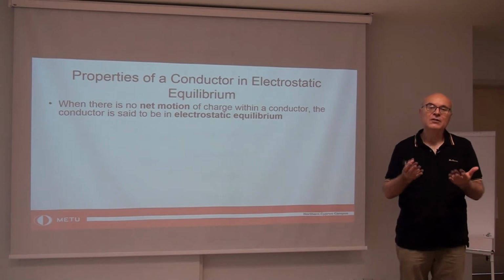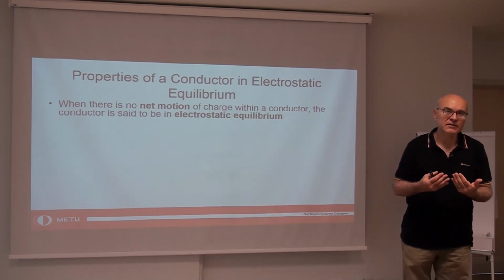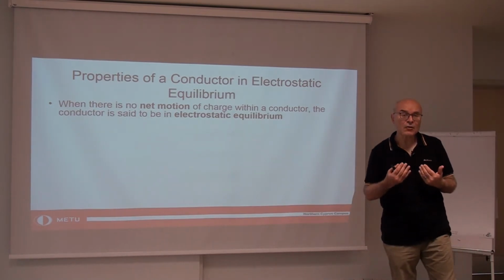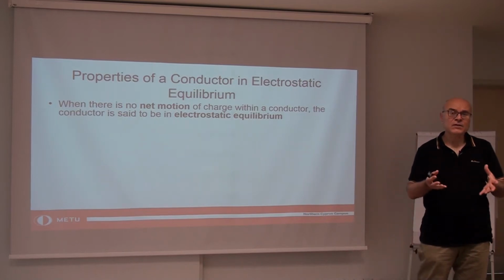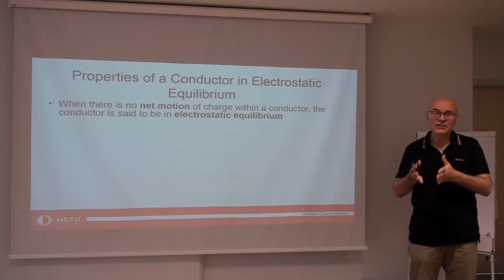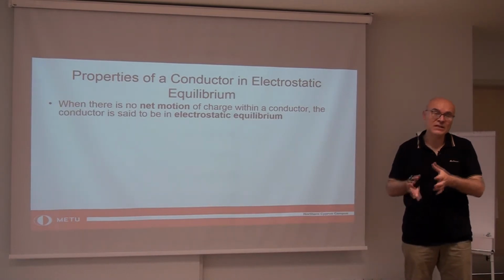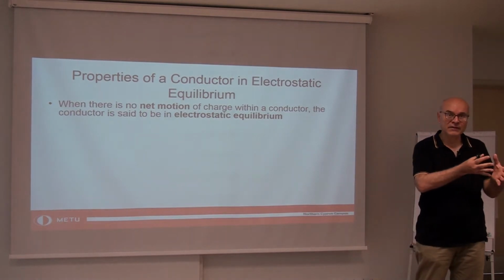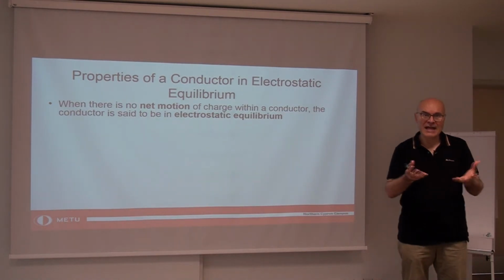Because, as we said when we discussed the properties of conductors, the electrons in the conductors are in continuous random motion, but there is no net drift of electrons from one part of the conductor to the other when the motion is random.